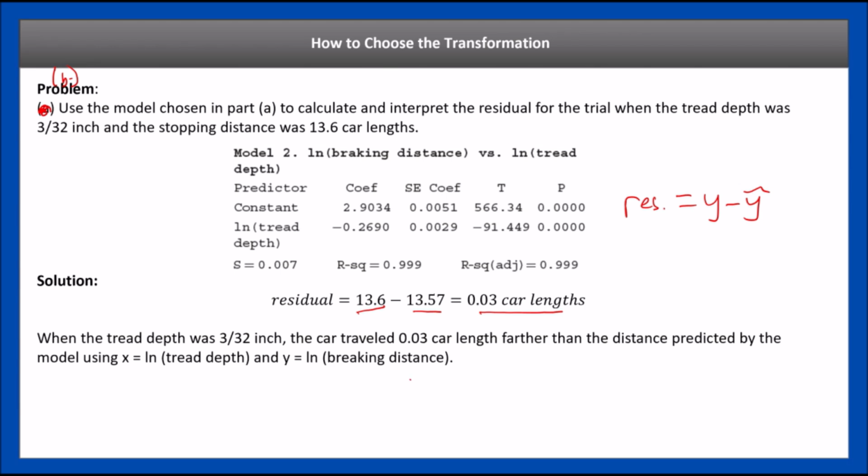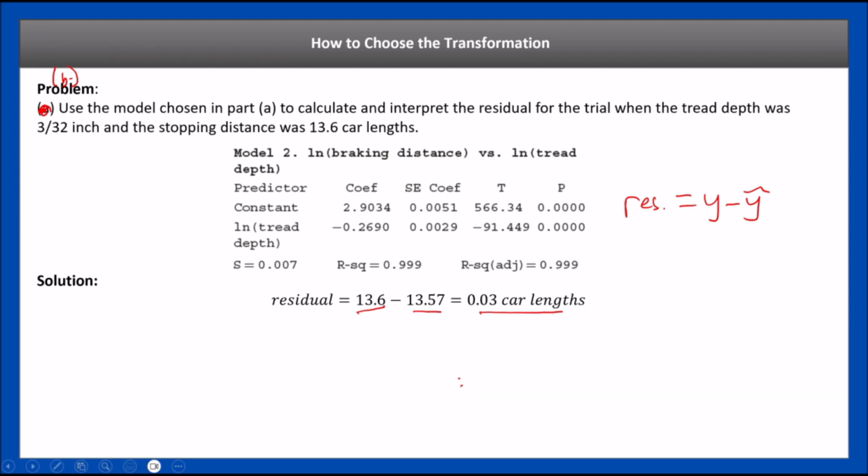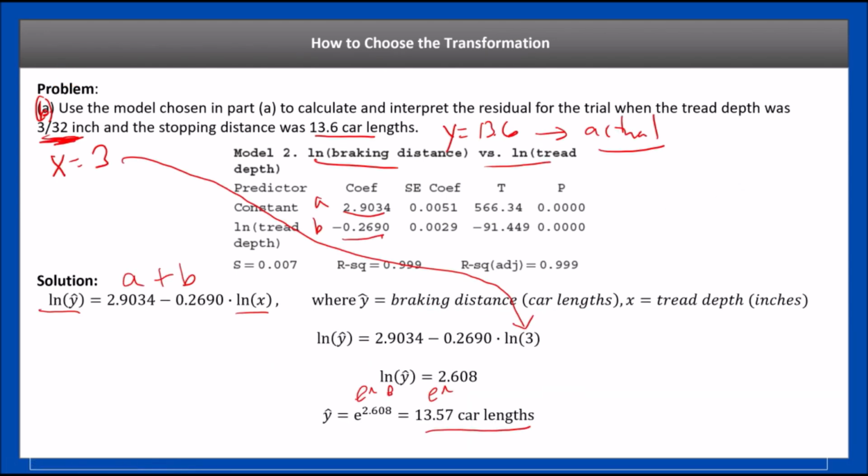Actually, we did the LSR earlier, I believe right here. Yeah, so we got the LSR here, and we calculated the residual. The only other thing I can think of is if they want you to do this on the calculator, you can follow the steps that we had earlier for doing the natural log of x and y.